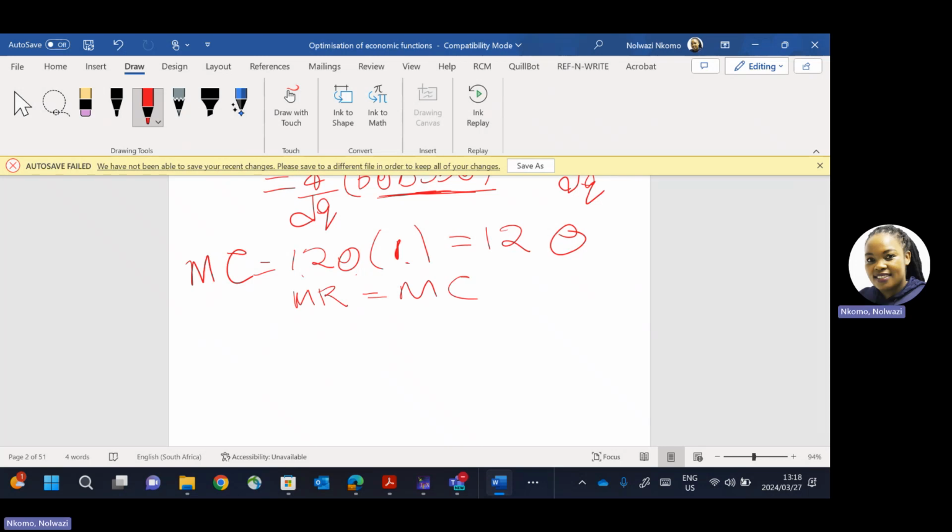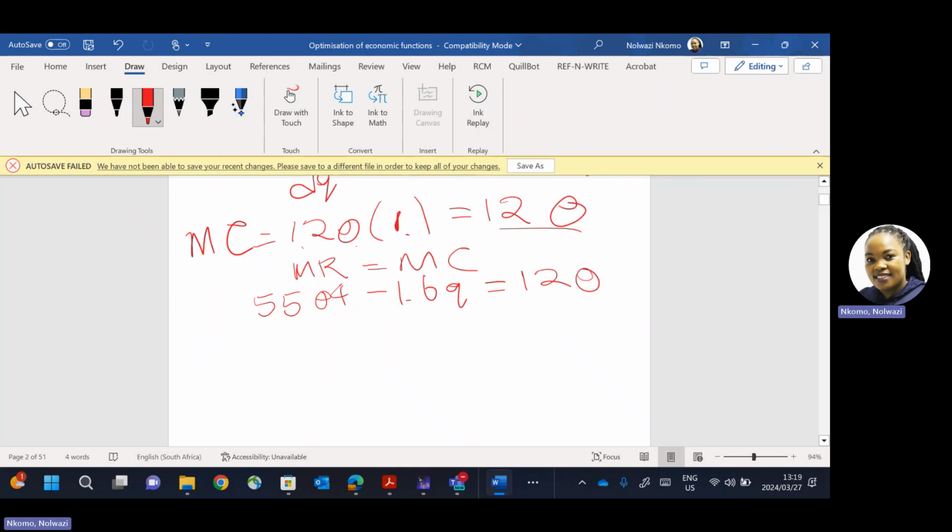Okay, and we said the marginal revenue is equal to, this is what we obtained, 5504 minus 1.6 Q, equals, for the marginal cost, we obtained 120, right? So the next step is to simplify and try to solve for the quantity. To solve for the quantity, I'm going to transpose this side. If I do that, I'll have minus 1.6 Q equals 120 minus 5504.